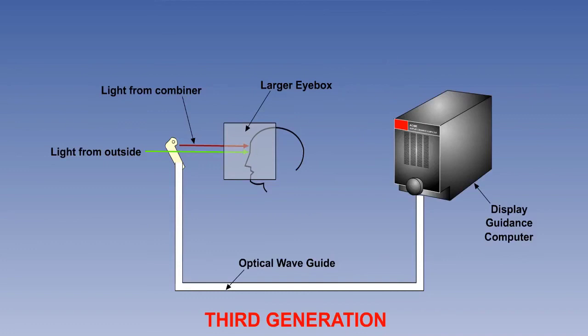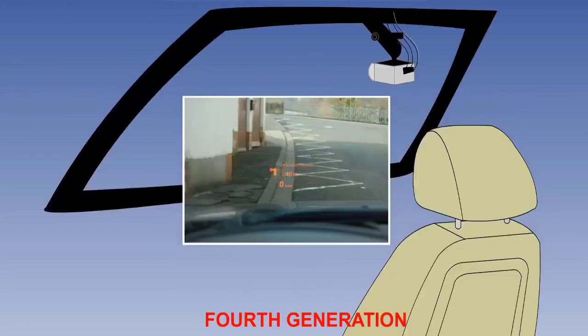Optical waveguides produce the image directly in the combiner. With these systems, eye reference point is less critical, since the eye box is larger. These are just emerging in aircraft. Fourth-generation systems dispense with the combiner altogether. The entire windscreen is used as a transparent display.